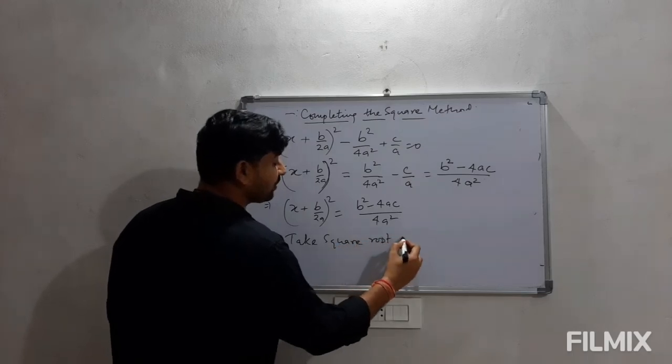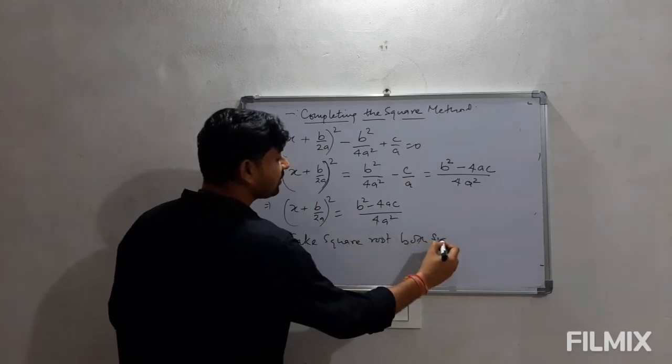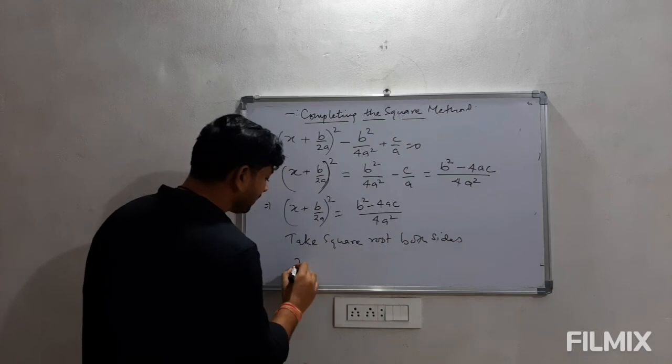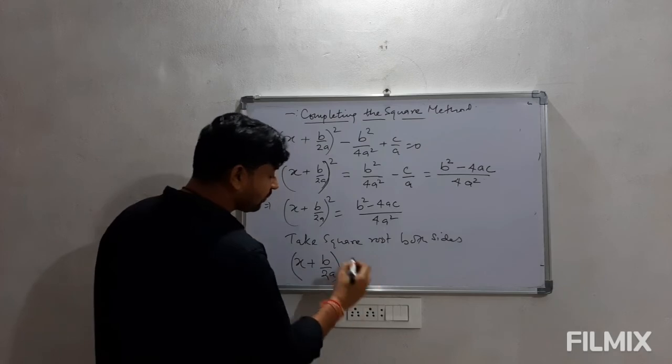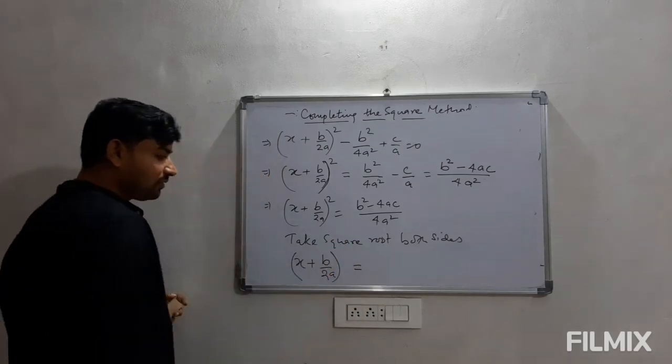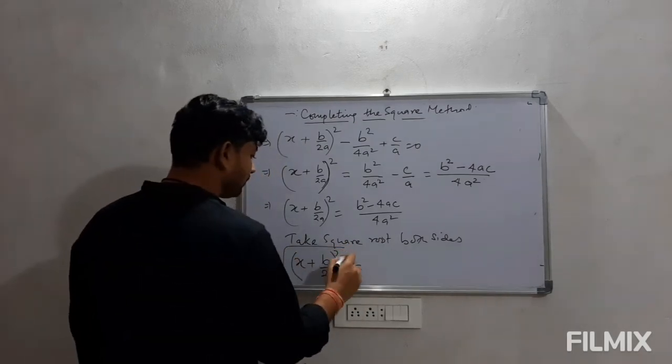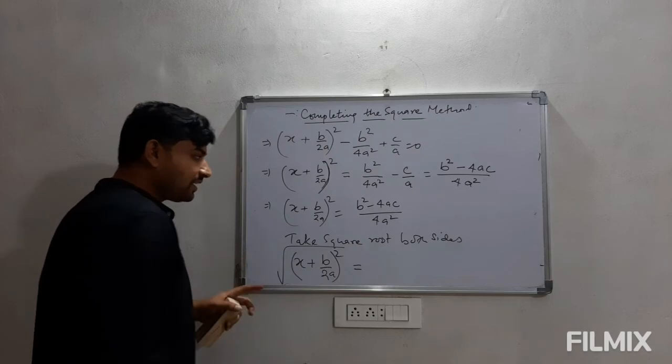So we will be taking square root both the sides. What we will get in LHS, we will be writing this. The square will be removed by using square root. So that is how we can write here.